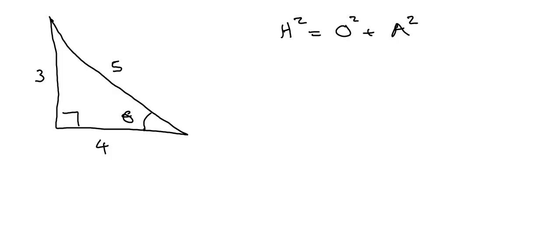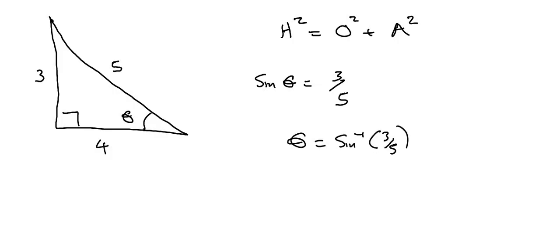If you're looking to get theta, you can use sine. Sine theta is equal to opposite, which is 3 over what? 3 over 5. To get the actual size of the theta, you simply say theta is equal to sine inverse of 3 over 5. Or some people say theta is the same as arc sine of 3 over 5.